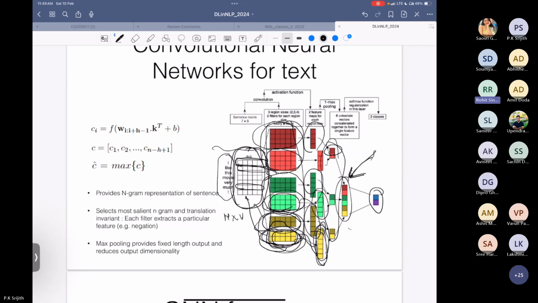So can we increase the number of layers in that case? That will capture more longer context. Perhaps it could capture. Maybe it could capture, yeah. So that could be one solution to capture longer range.